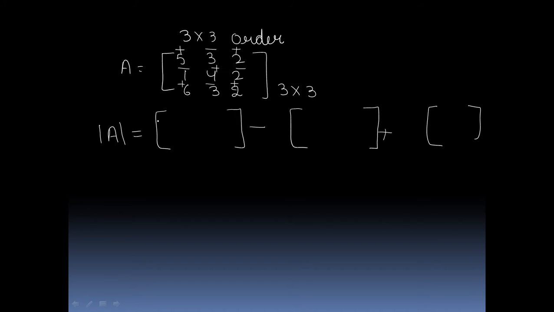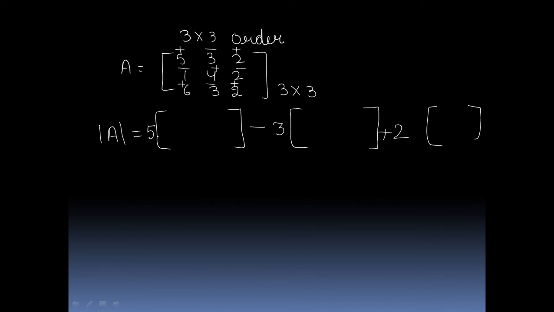And we take the first row. According to the first row, we take here 5, 3, 2. Now we take elements in square brackets. For these elements, we have to hide.